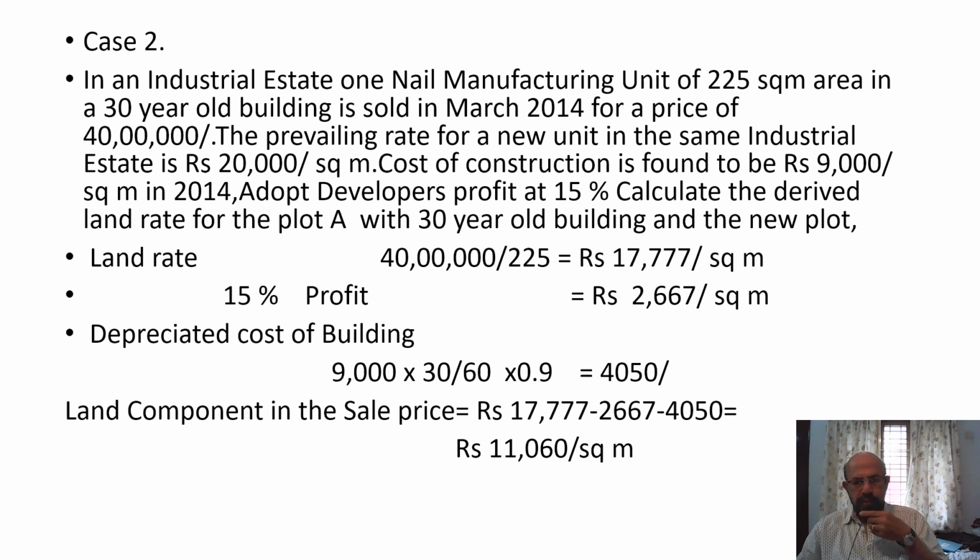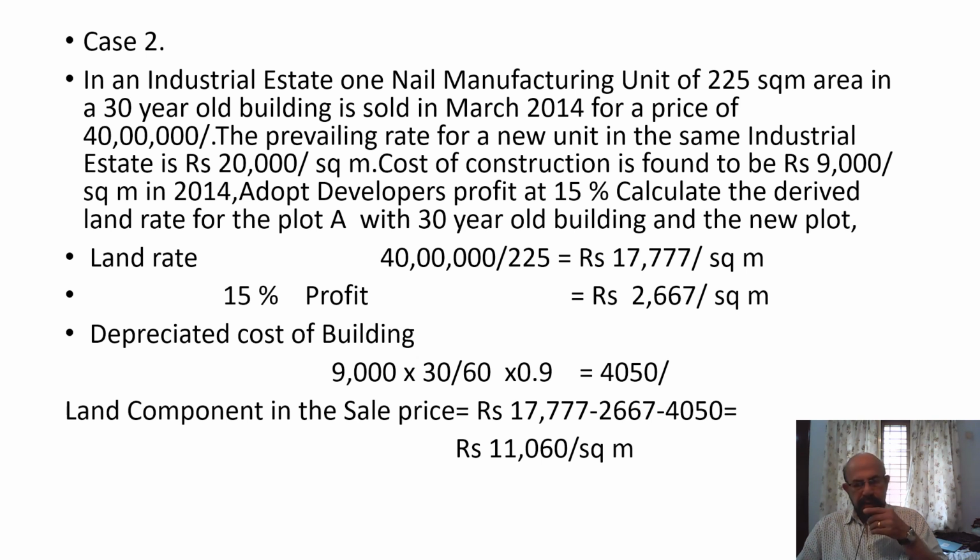Land rate is equal to 40 lakhs divided by 225, which is equal to rupees 17,777 per square meter. Less 15% profit is equal to rupees 2,667 per square meter.